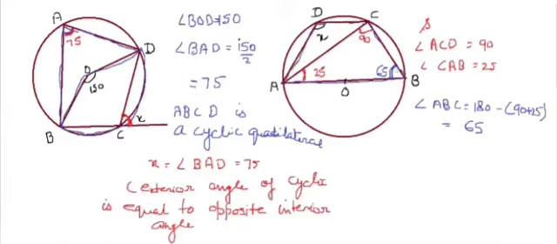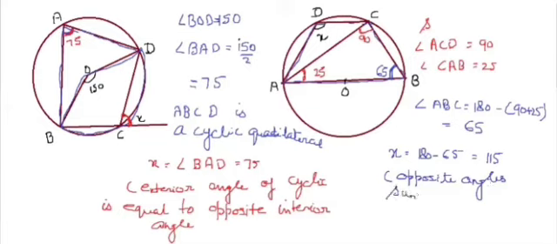So from here you can see that x is opposite to 65. So x can be written as 180 minus 65, that is 115. The reason we can write: opposite angles sum is 180 in a cyclic quadrilateral, and here ABCD is a cyclic quadrilateral.